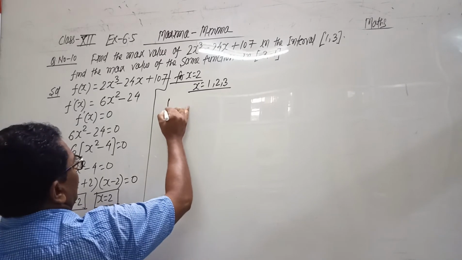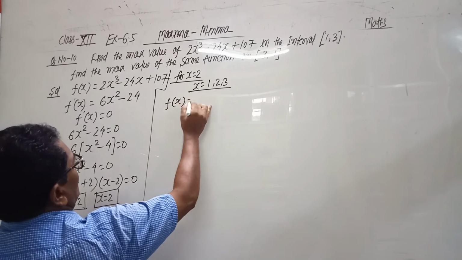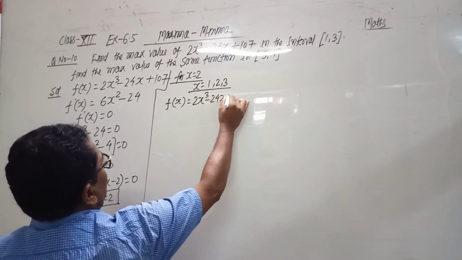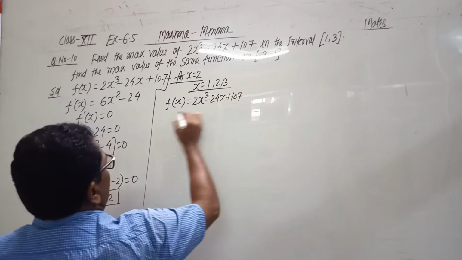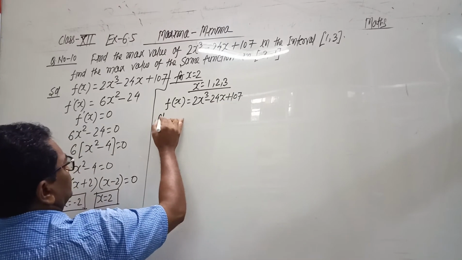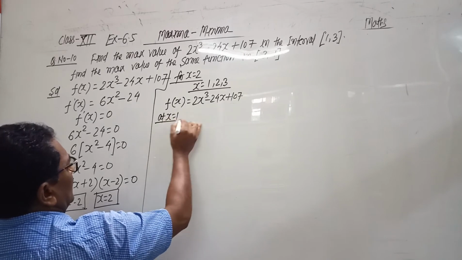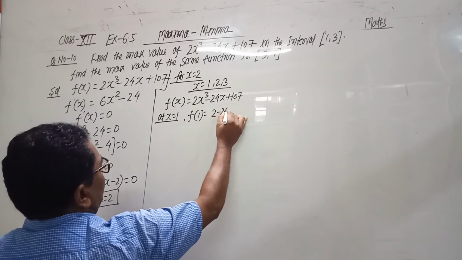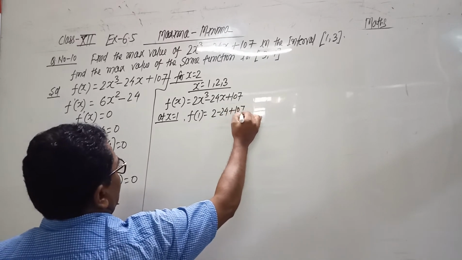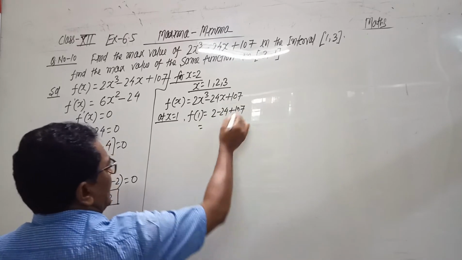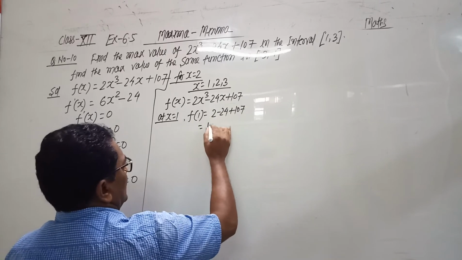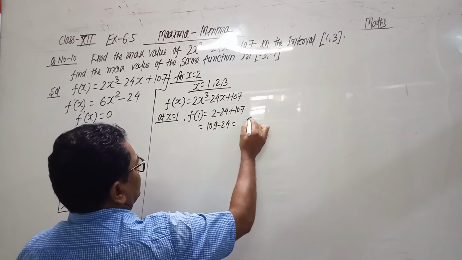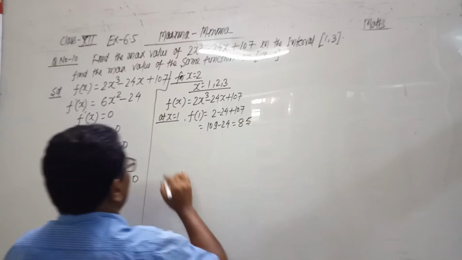So function f(x) is 2x cubed minus 24x plus 107. At x equals 1, the value obtained f(1) equals 2 minus 24 plus 107. So 107 plus 2 is 109, minus 24 is 85.